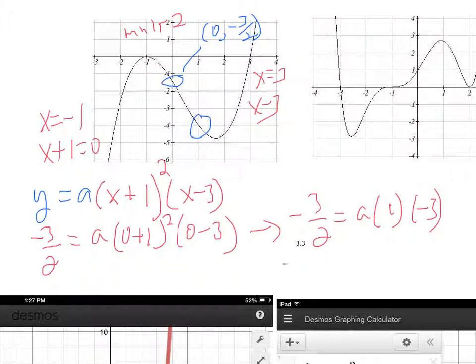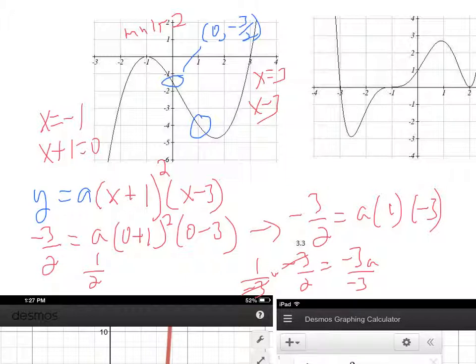So that is the same as -3/2 equals -3a. So I'm going to divide both sides by -3, which is the same as multiplying by -1/3. So that cancels out, that cancels out. I'm seeing 1/2. I think a is 1/2.